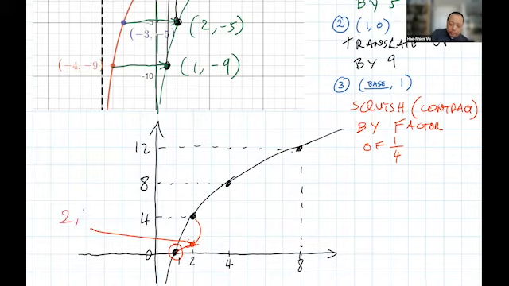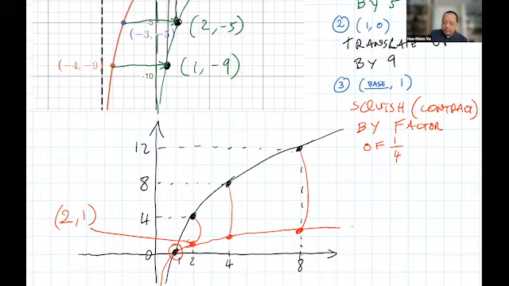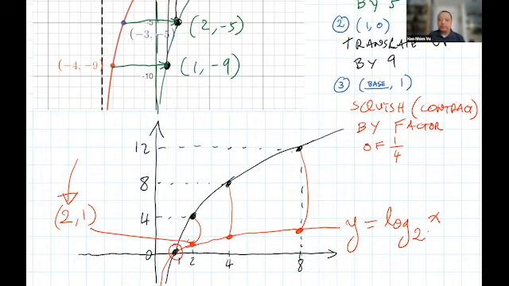This point will be (2, 1) like I want. This is going to be (4, 2) and (8, 3). And then I have y equals log base a of x, where a is this number right here. So that's log base 2 of x.